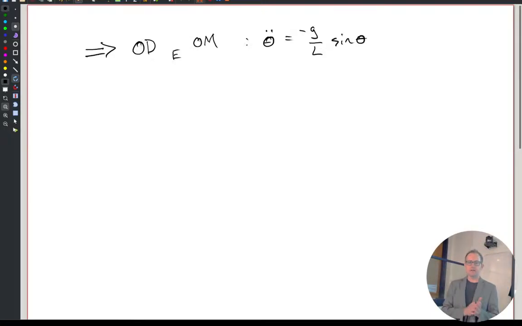We end up with this pendulum equation: theta double dot equals negative g over L sine of theta.